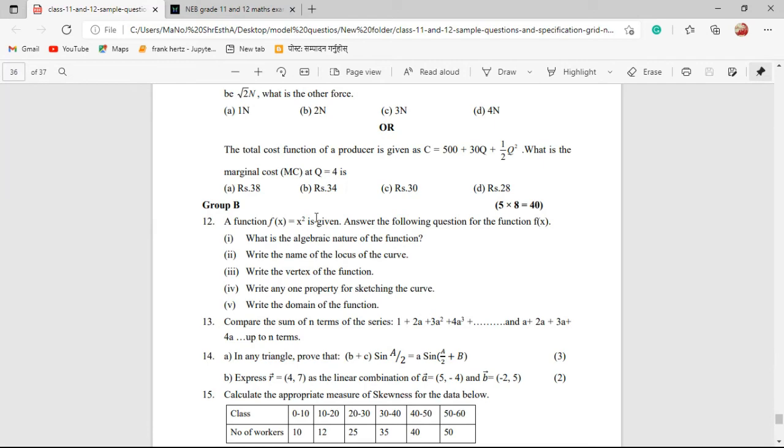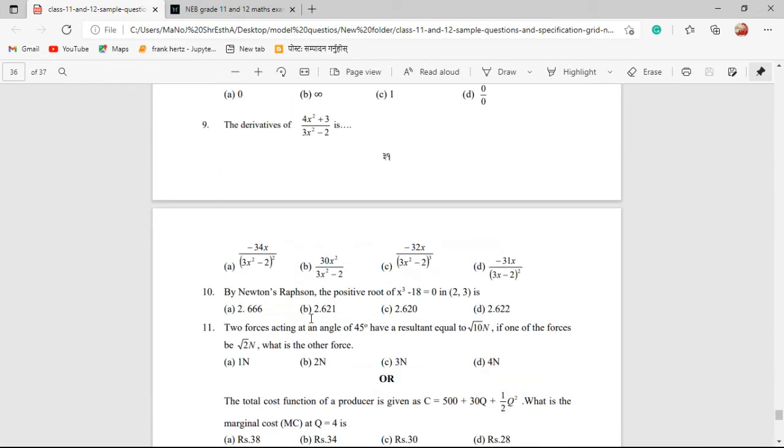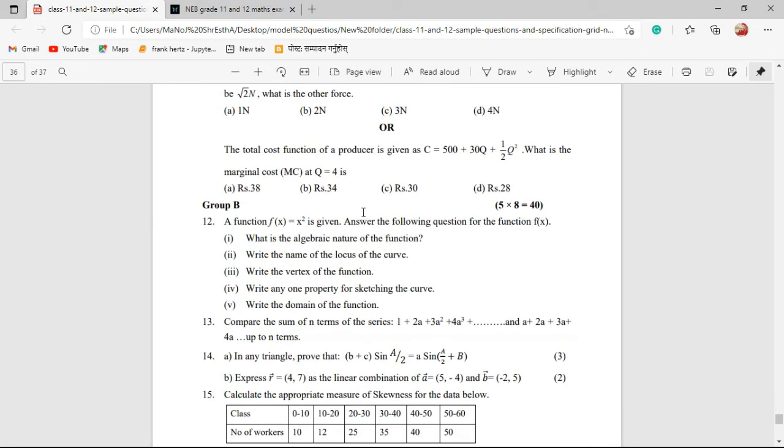Marginal cost is nothing but the total cost, the total investment, in producing some quantity of product. That is called marginal cost. So here you are given the producer cost, and we have to find marginal cost at Q for quantity 4.